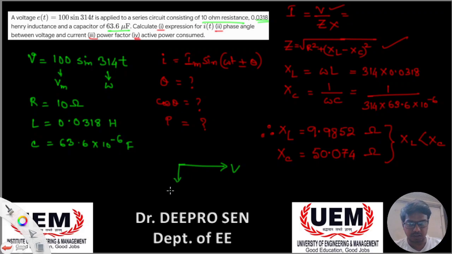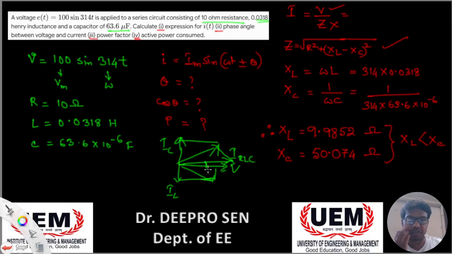This is the inductive vector. This will be the capacitive vector. You can see that this will be higher than this. As a result, it will be something here. That means the entire RLC current will be somewhat in the positive direction. That means leading. Okay.